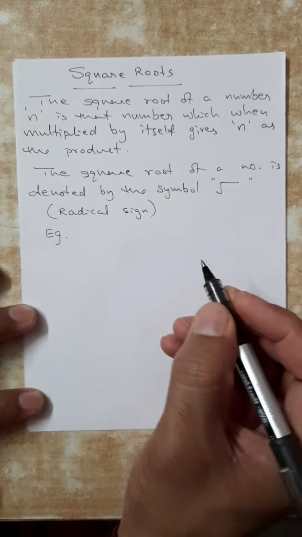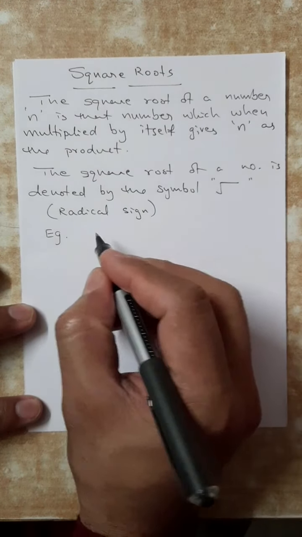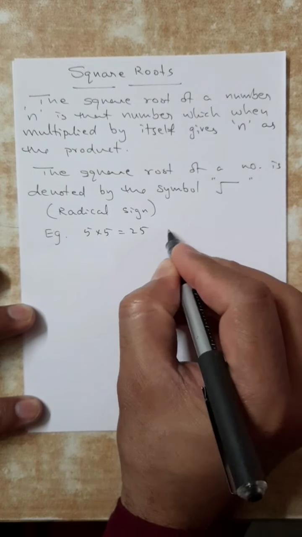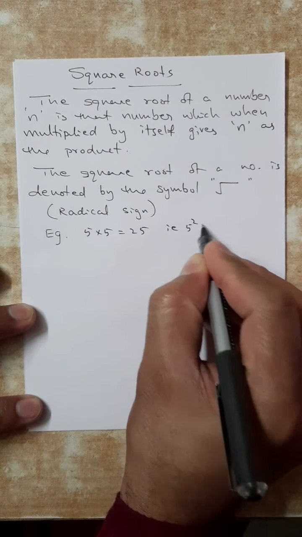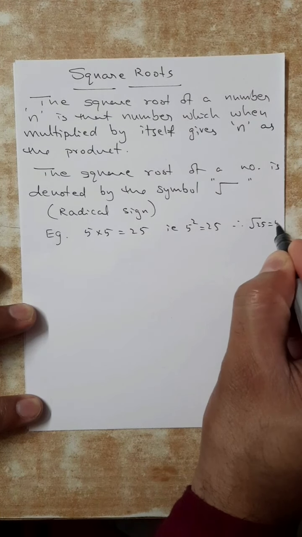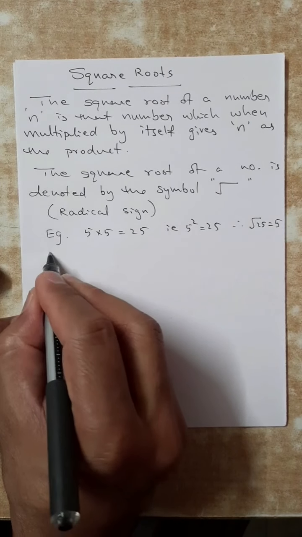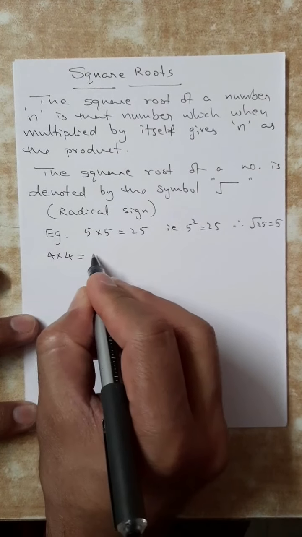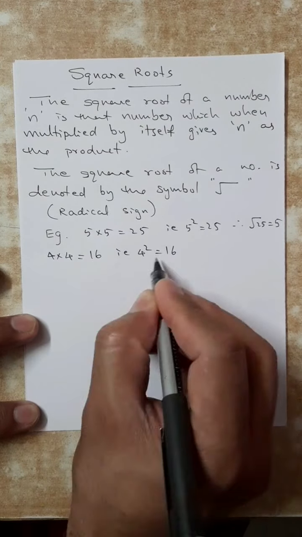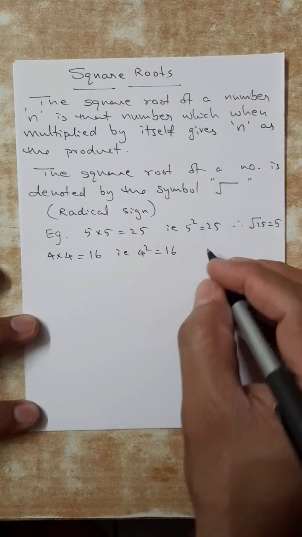Example, I will write here properly for you. 5 into 5 equal to 25, that is 5 square is 25. Therefore, square root of 25 equal to 5. 4 into 4 equal to 16, that is 4 square equal to 16. We can write in both ways, both are the same.